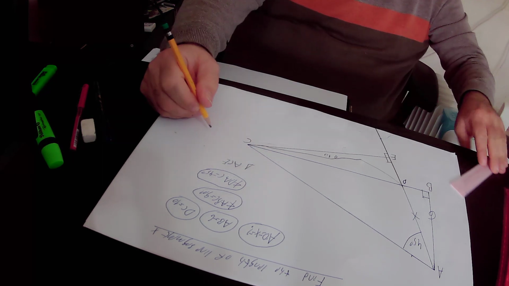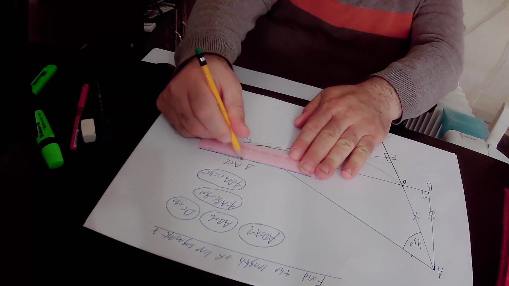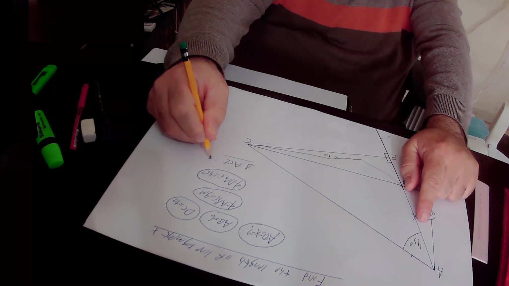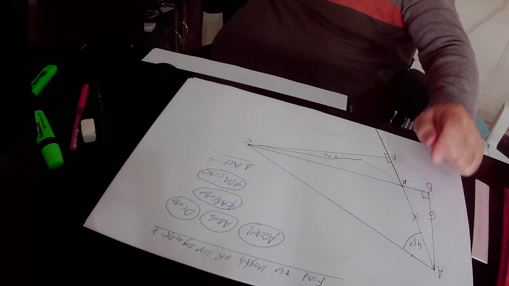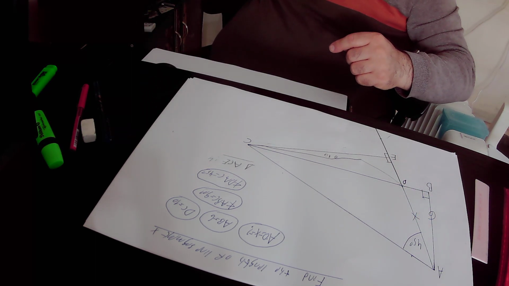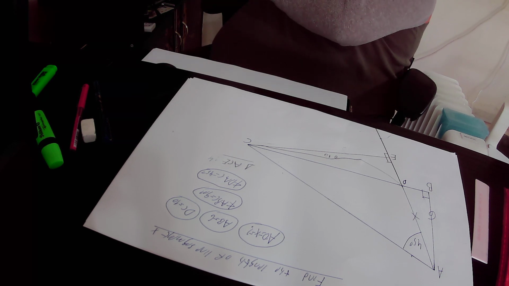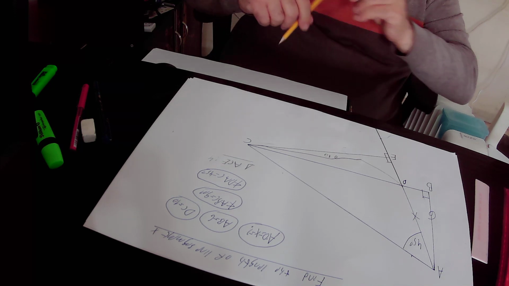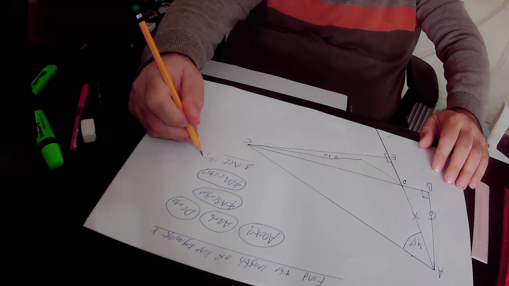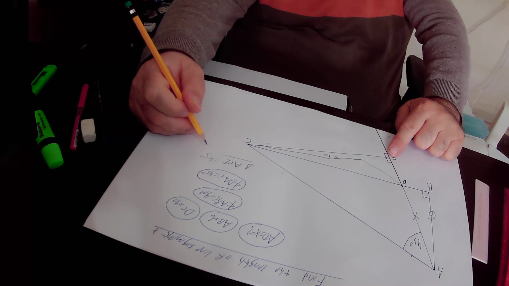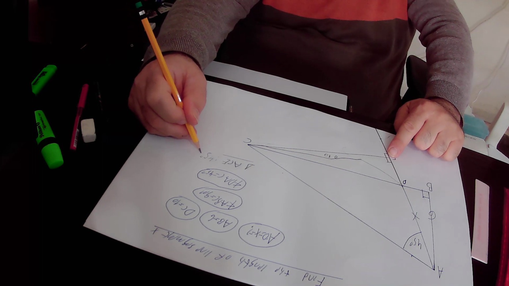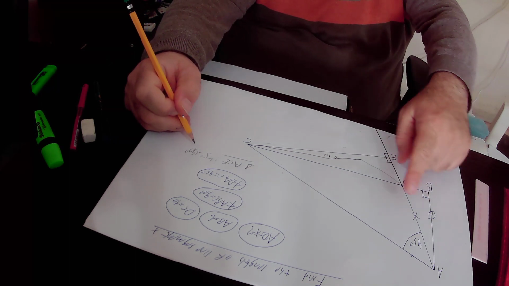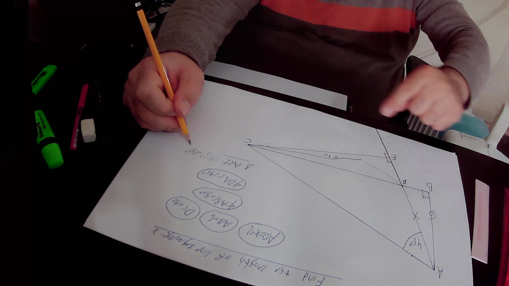Here we have 45 degrees. This angle is equal to 90 degrees according to the construction. And we also have angle ACE, that is a missing angle.